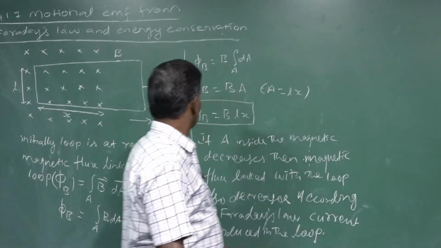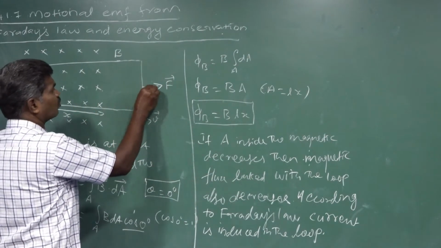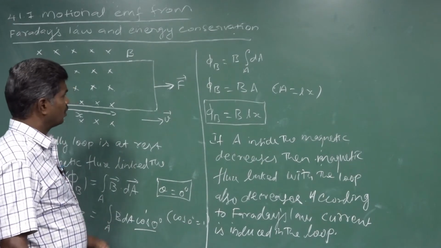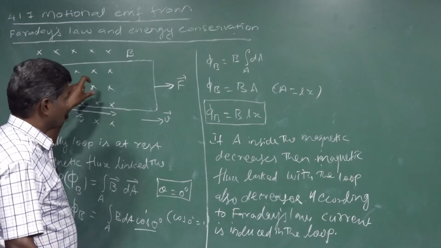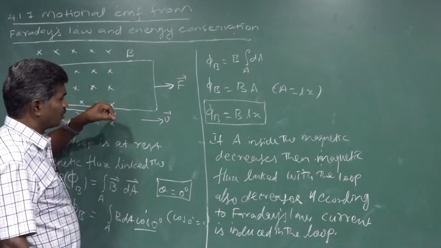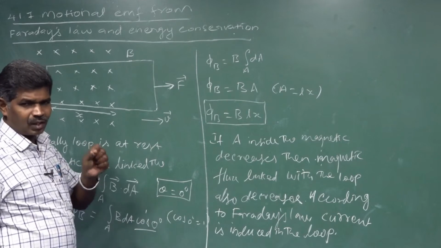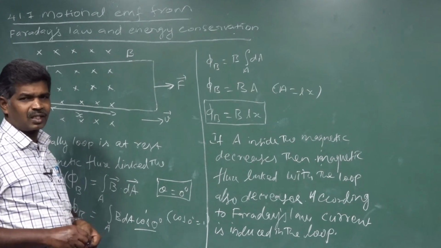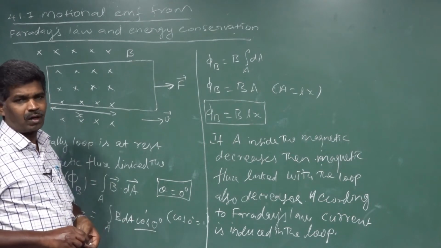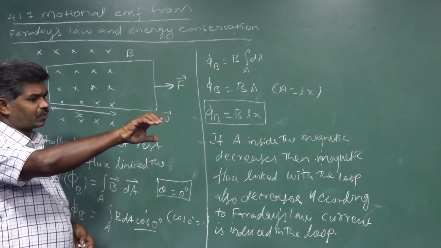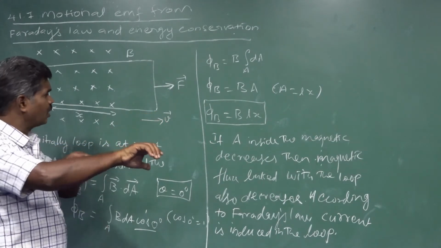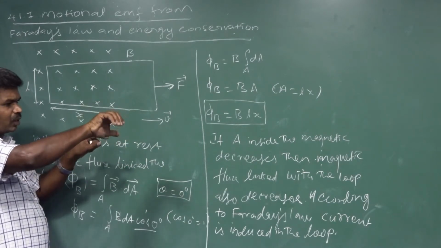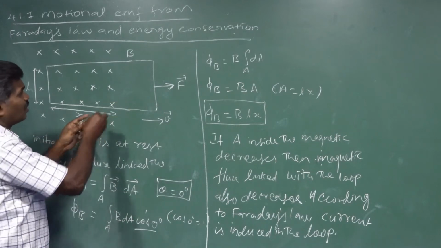So if you move the loop towards the right, then the inward flux linked with that loop decreases. That's why the induced current also produces an inward flux. Based on Lenz's law, or otherwise based on the right hand rule, we require to produce an inward flux. The thumb shows the inward direction, and the folding fingers show the clockwise direction.